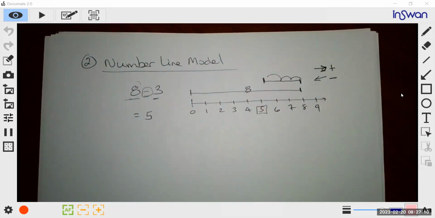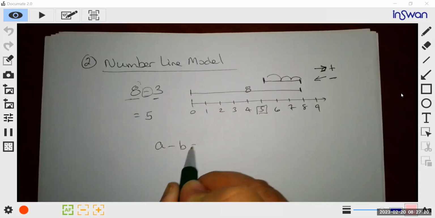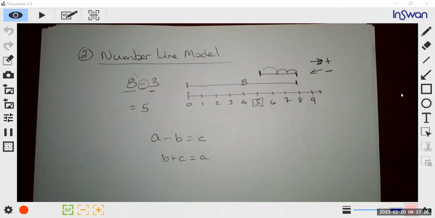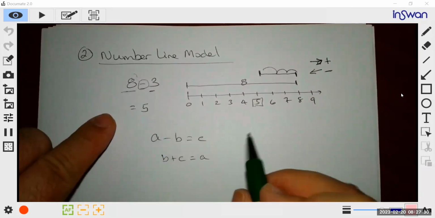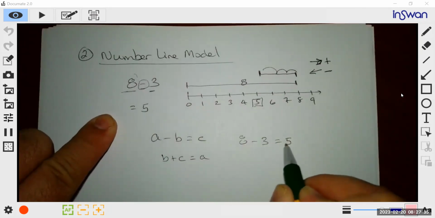How do we check that? Remember the rule: if A minus B equals C, then B plus C equals A. So it's 8 minus 3 equals 5.